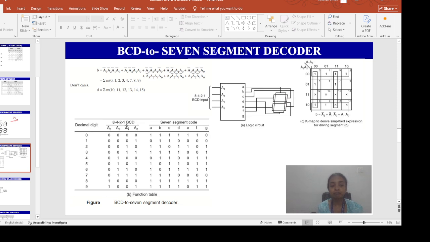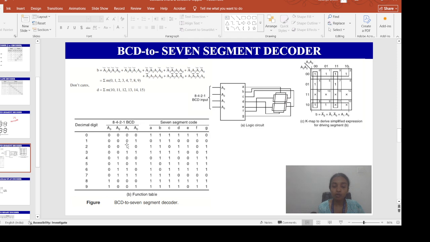Why is it called an 8421 BCD code? If you see this column A3, the MSB, there are 8 zeros: 1, 2, 3, 4, 5, 6, 7, 8. In column A2 there are 4 zeros.